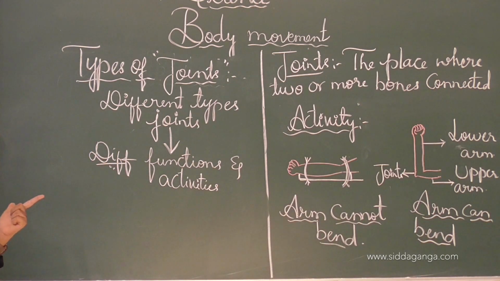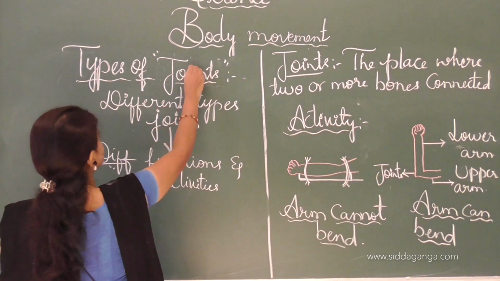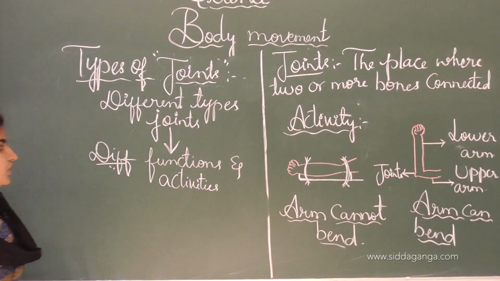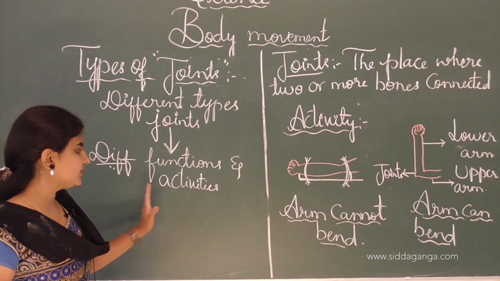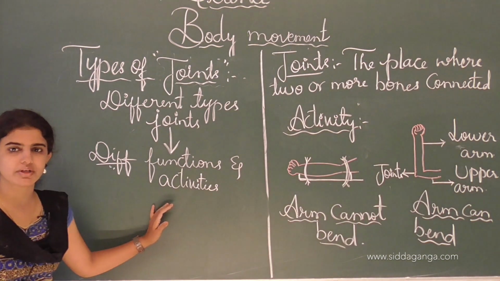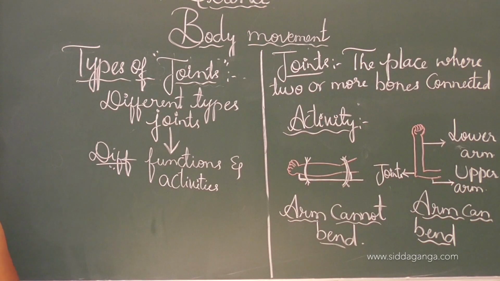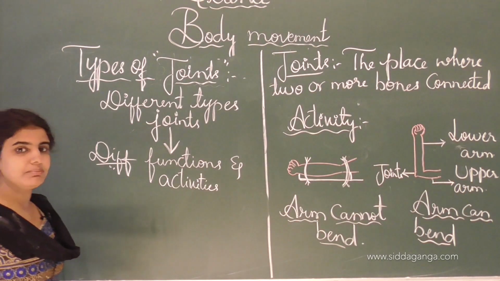Say the types of joints, which help to perform the different functions and different activities in our body. And see, the joints can be classified into three main types.